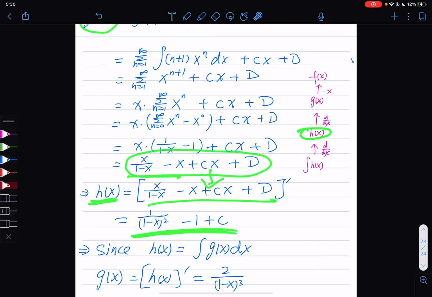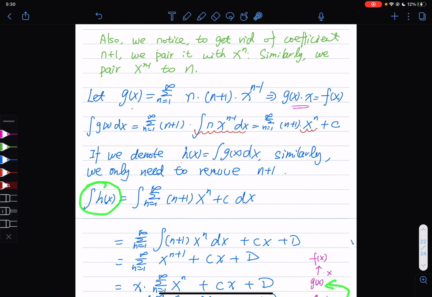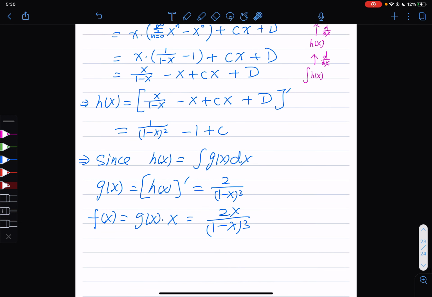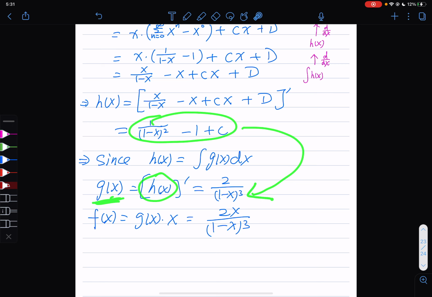So I get h of x. In order to go back from h of x to g of x, you look at your definition, right? h of x is the antiderivative of g, so take the derivative here and you end up with g. So I take the derivative of my h of x to reconstruct g. You can take the derivative of this function. I'm pretty sure you can do the calculation very easily. So that's what I end up with.